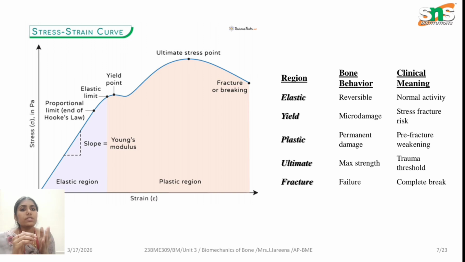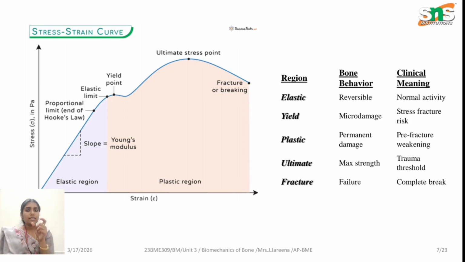If you see the stress strain curve for the bone, you can see different regions. The first region is called elastic, the second is the yield, the third is the plastic, the fourth is the ultimate, and the fifth is the fracture. So these are the different stages, and at the end it will meet the fracture.